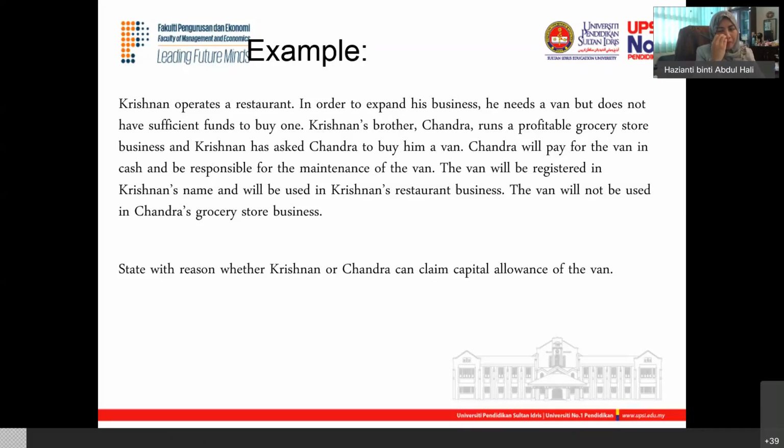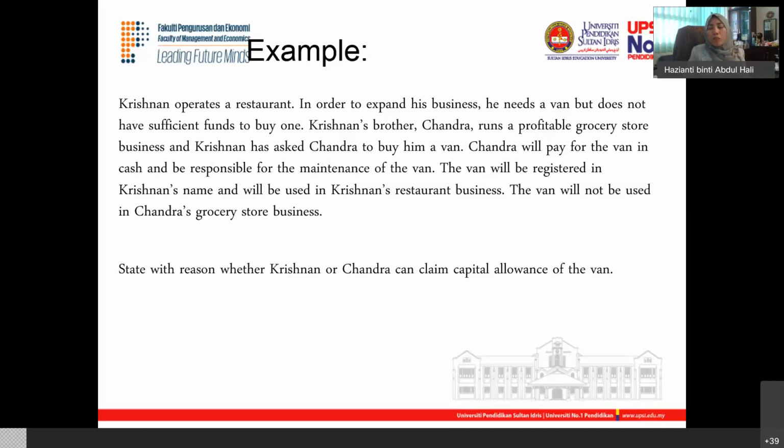Confused tak? Krishnan nak pakai van, abang dia belikan, abang dia letak nama dia. Okay? Tapi abang dia yang bayar dan maintain van nama Krishnan dan guna untuk Krishnan business. Tapi van tu tak guna untuk Chandra grocery business.